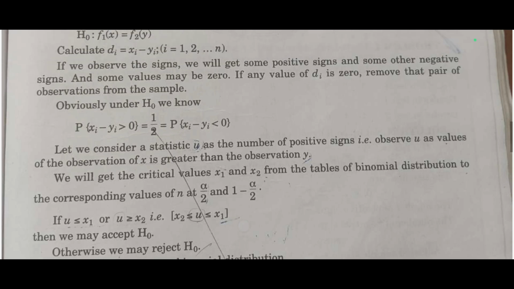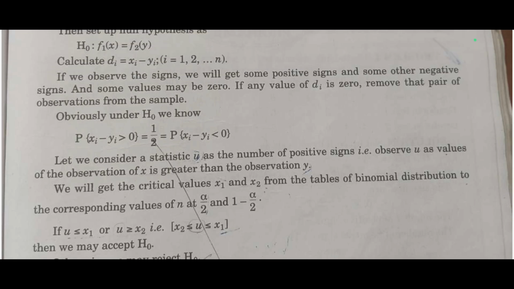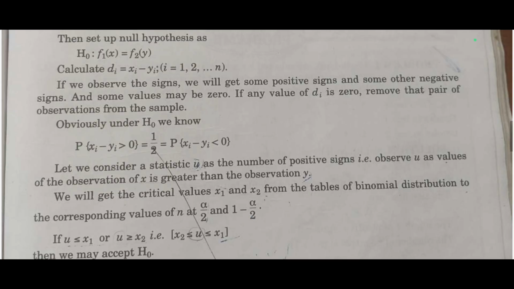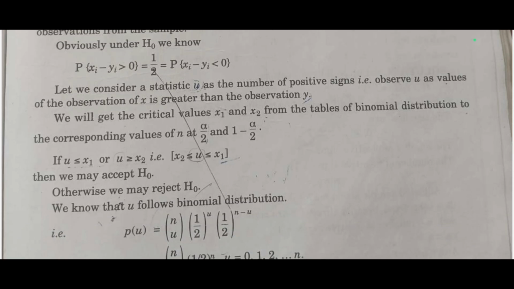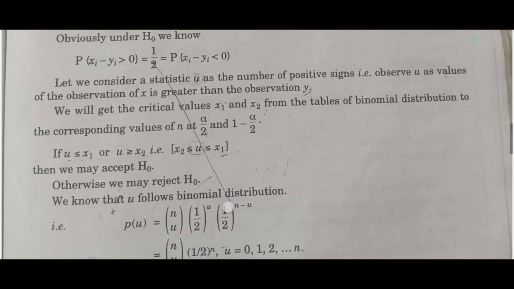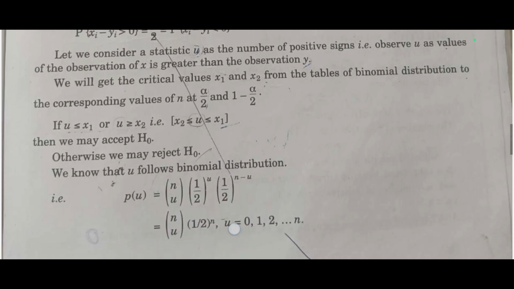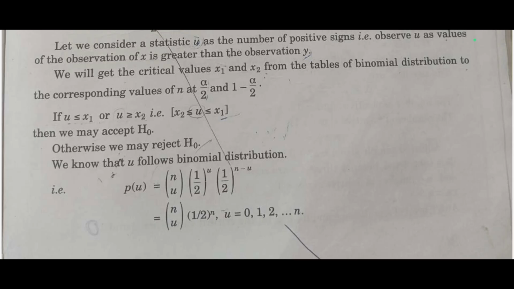Here let us consider the statistic U as the number of positive signs, that is, the number of observations where xi is greater than the observation yi. Like that, we have to calculate the U value.